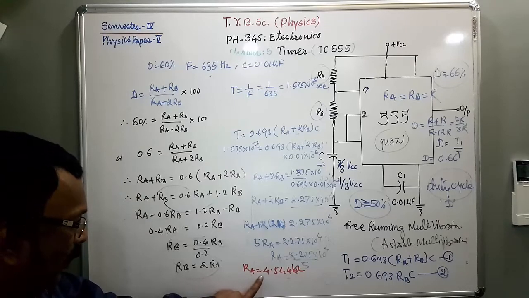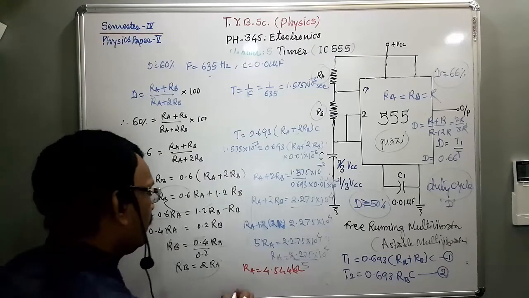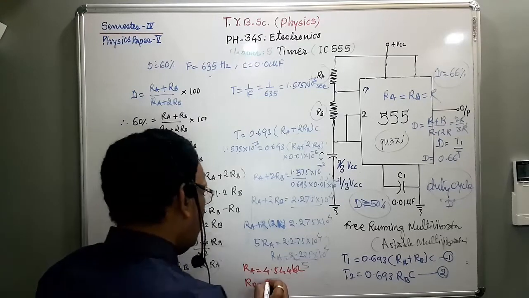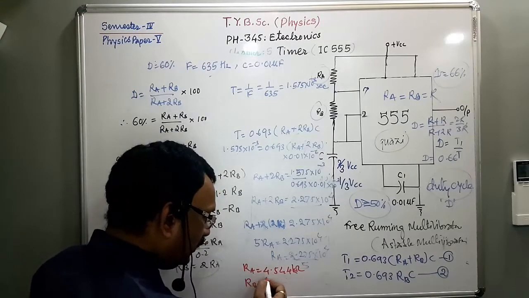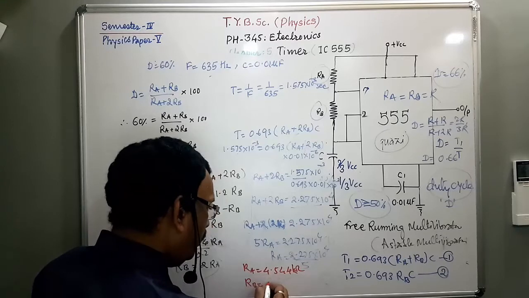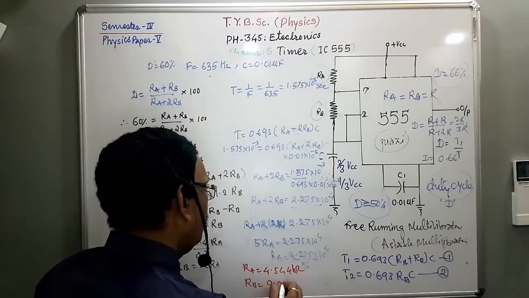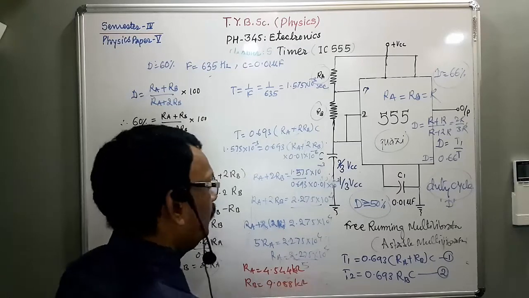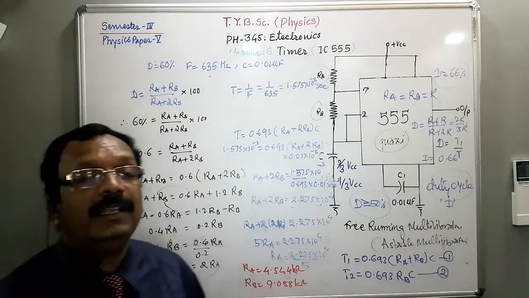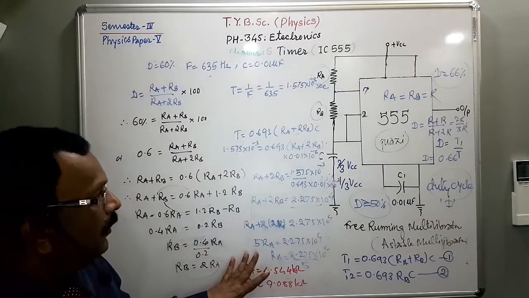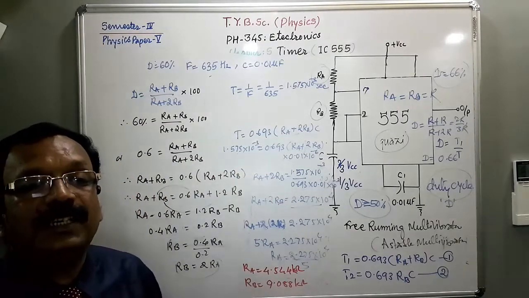Now, if we multiply this value by 2, we will get RB. So RB is double of this. That means, when we multiply 4.544 by 2, we have 9.088 kilo ohm. These are the values of RA and RB. In this way, we did the designing of this circuit.